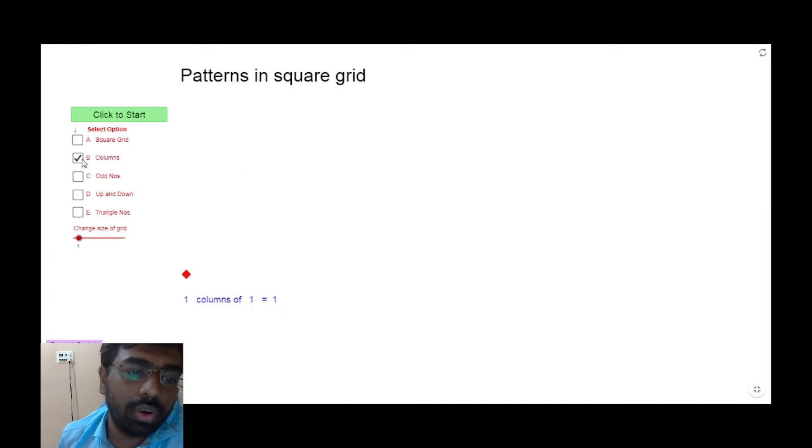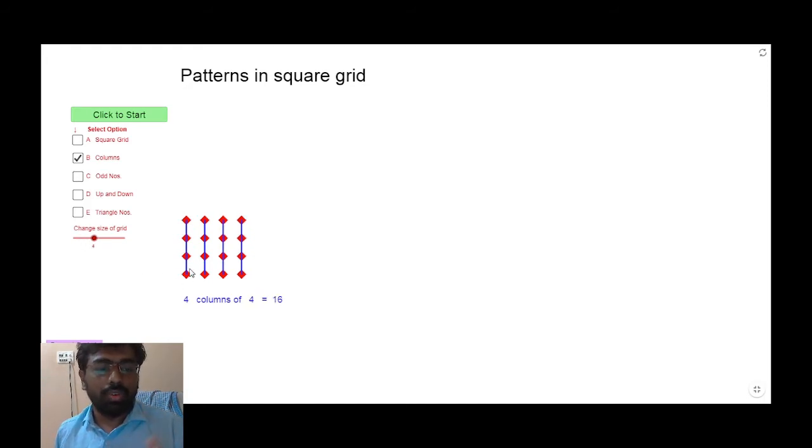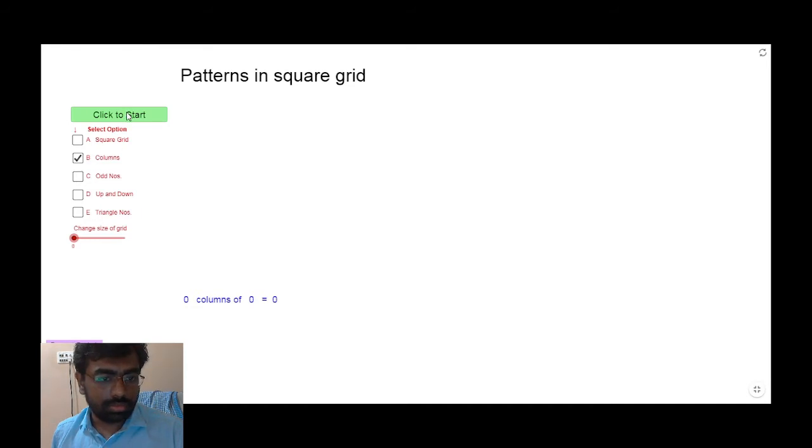If you click on columns, you can see it is automated and increases based on the columns. For one set of columns, I'll make it 1 so that it will be easy for you. So 0 square is 0. If I make it 1 square, it will be 1, right?